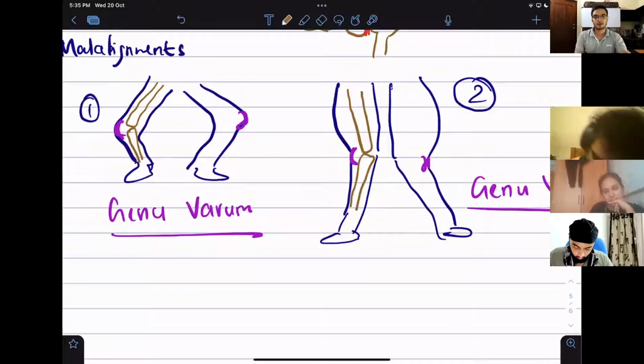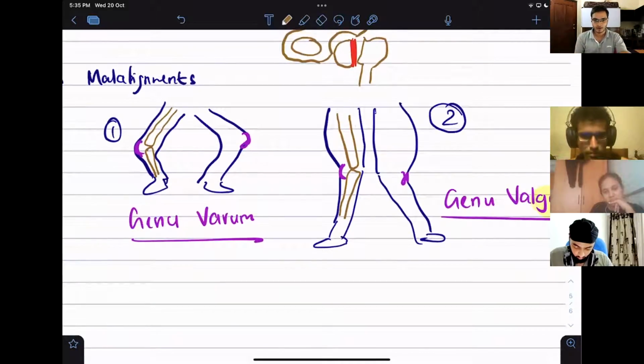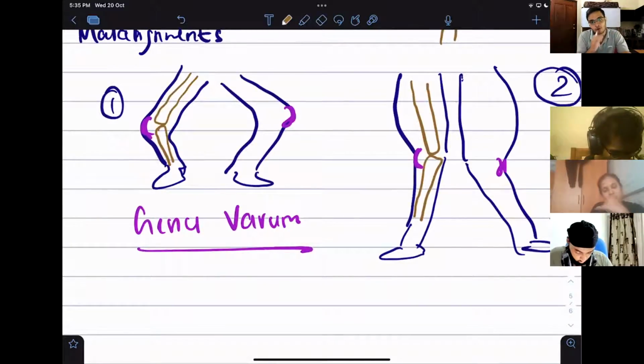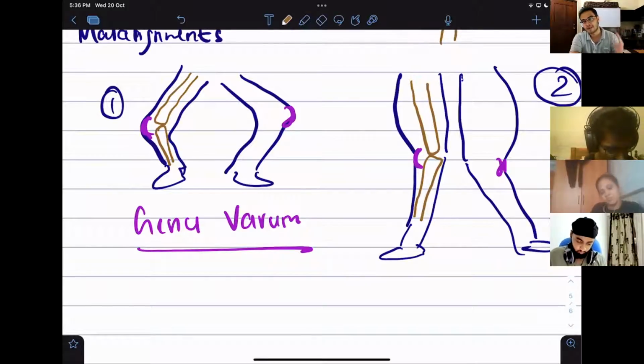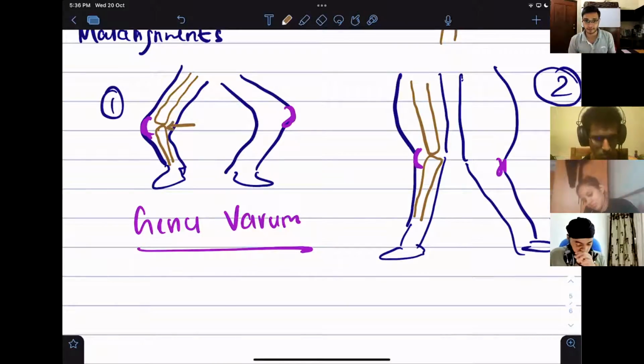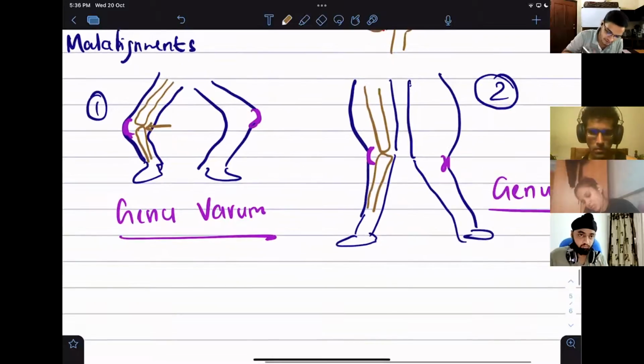Now, look at this. If you look at the varum and the valgum, where are the bones undergoing the most stress? In the varus deformity, is it the medial side or the lateral side that is undergoing the most stress? In the joint, the medial side. The medial side is undergoing the most stress in the varus deformity. What about the valgus deformity?